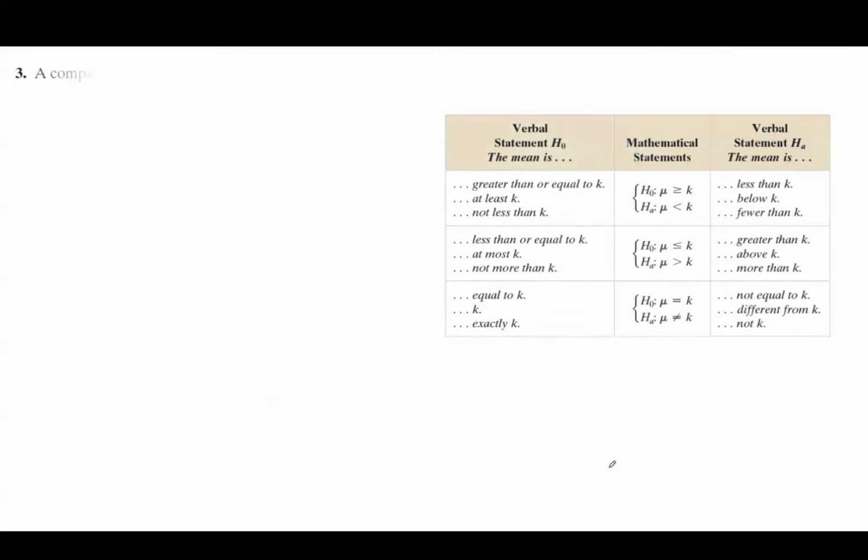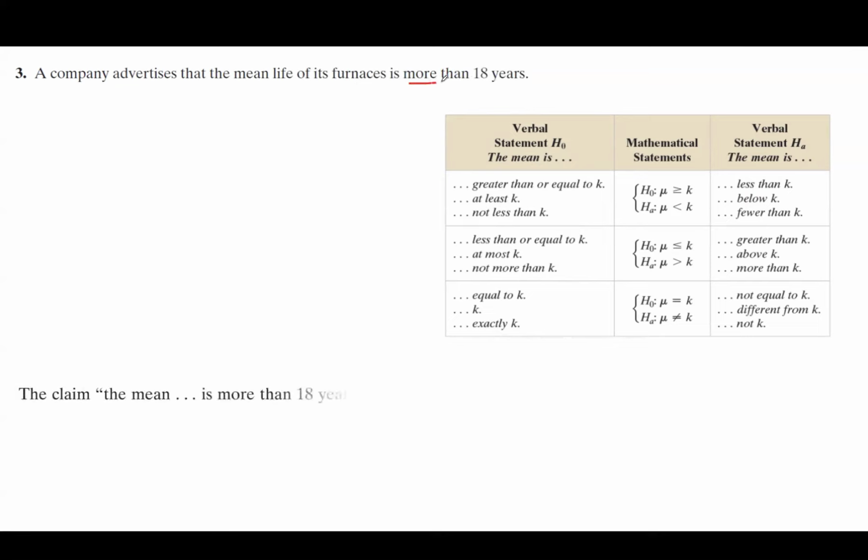And finally, let's take a look at this example. A company advertises that the mean life of its furnaces is more than 18 years. More than, greater than, this is the second category. The alternative hypothesis is given to us, and it is the claim.